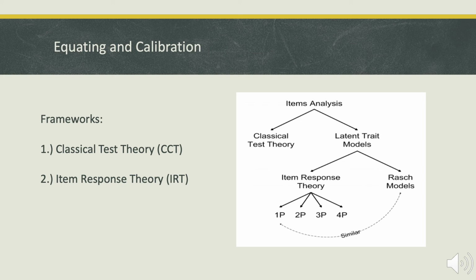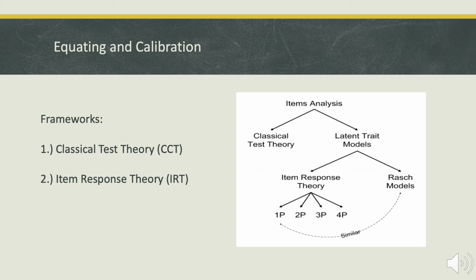So item response theory refers to the family of latent trait models, and it's used to establish properties of items and scales. Item response theory is sometimes referred to as modern psychometrics because it has the large-scale education assessment and testing programs.